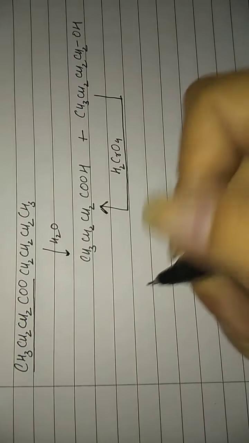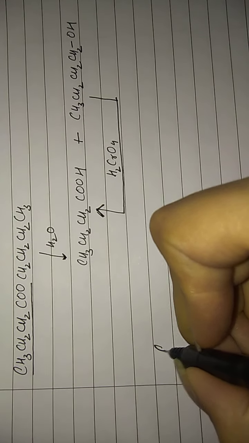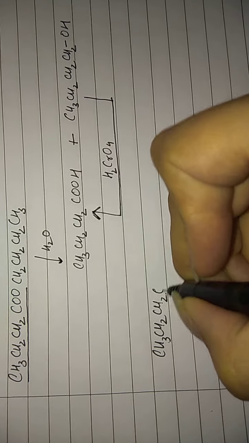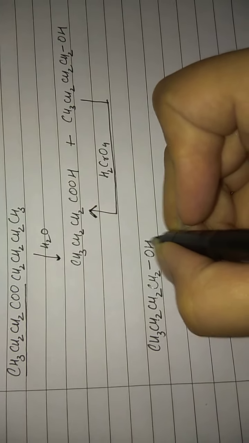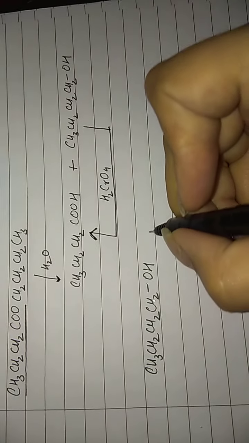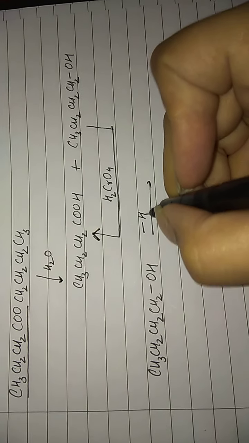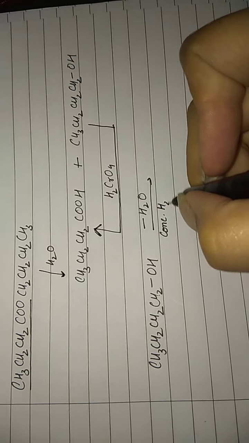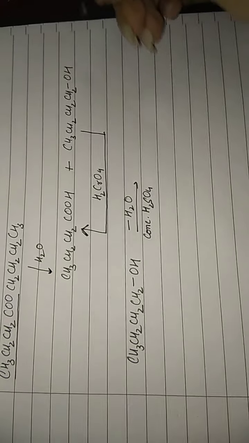Another reaction that they are talking about is that this alcohol that has been formed by the hydrolysis of the above ester, on dehydration, you know what is a good dehydrating agent? H2SO4.